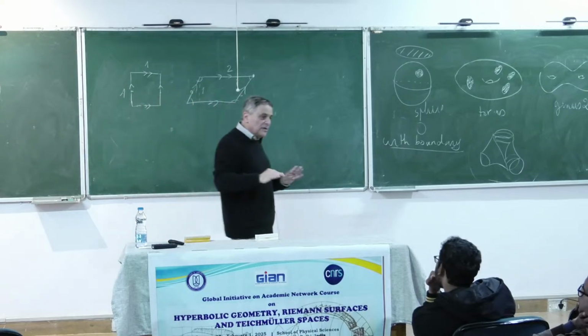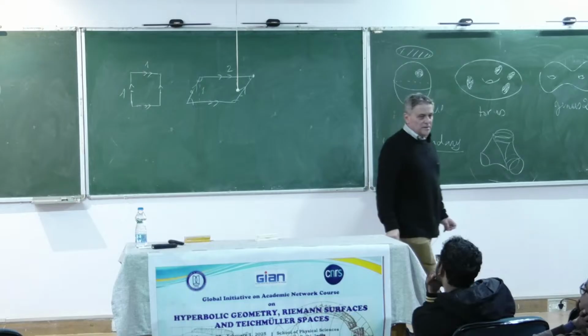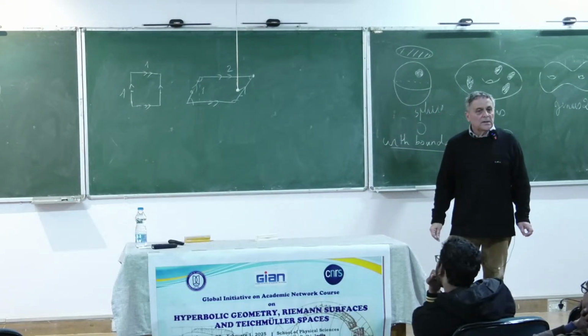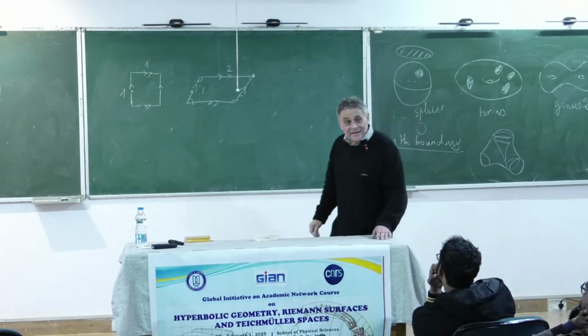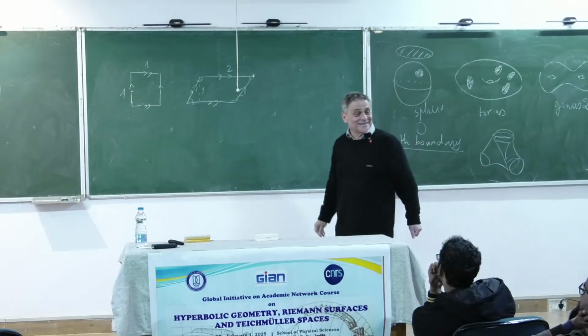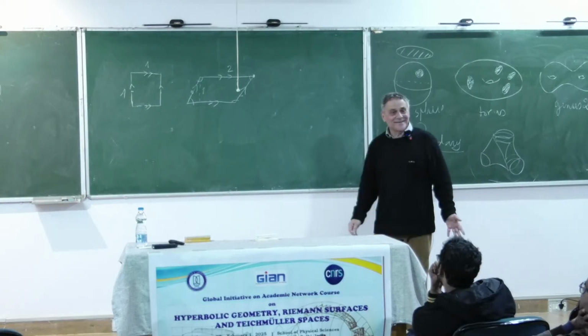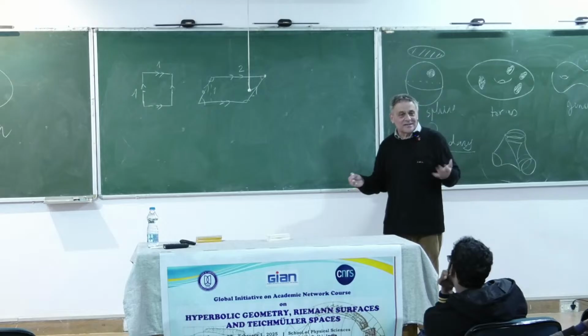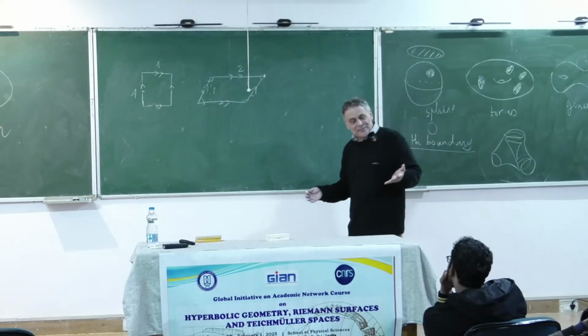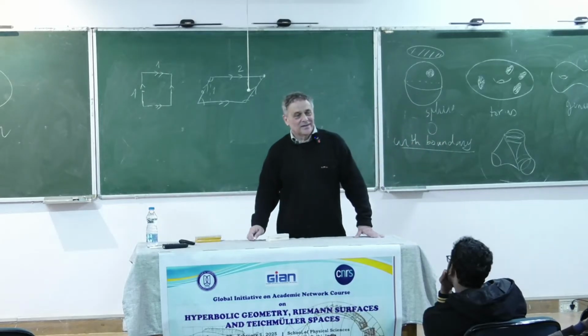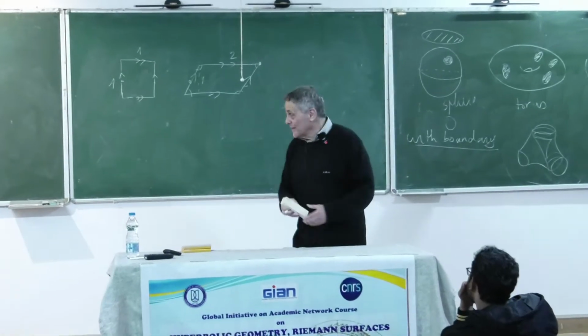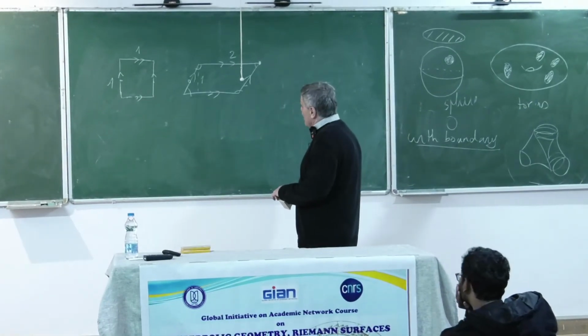There is no isometry at all. How can you do this? Exactly, what he says is correct. They have different area, and area is a geometric invariant, so they are not isometric.